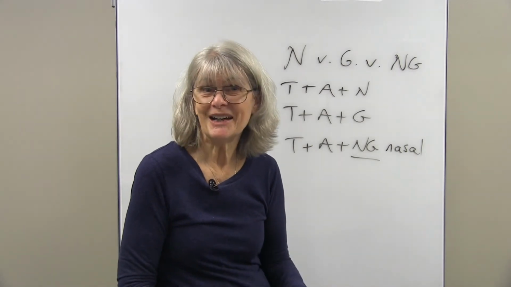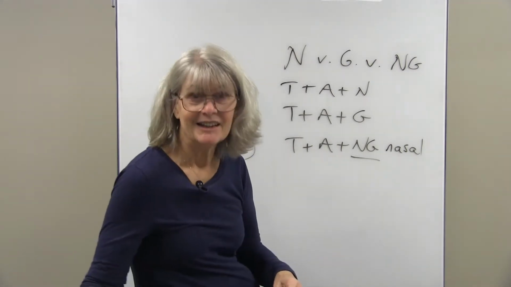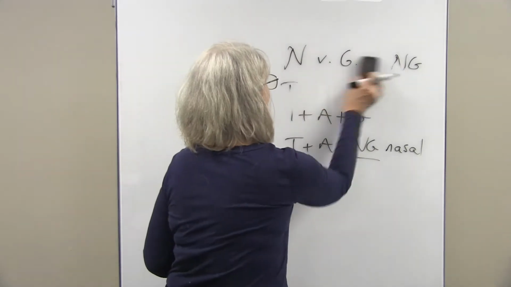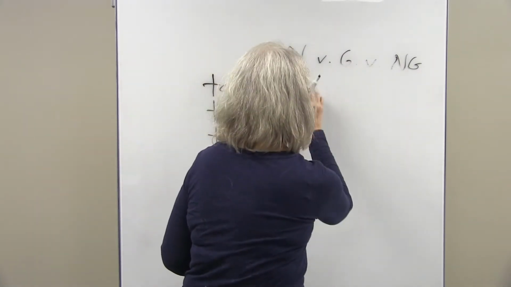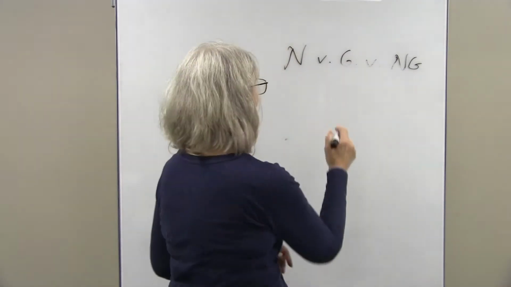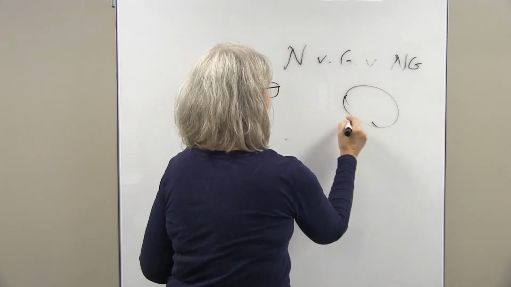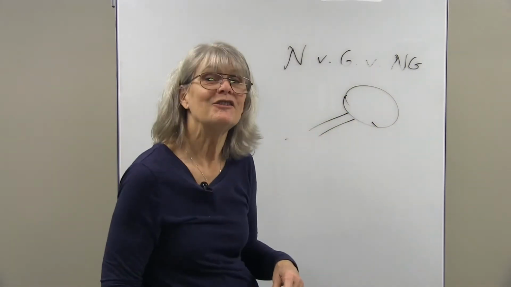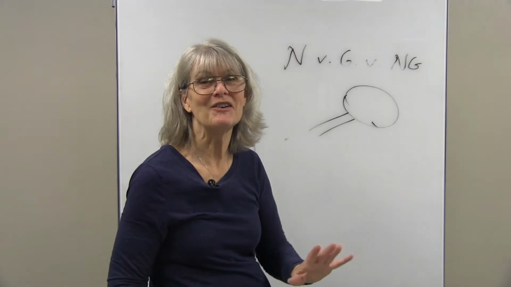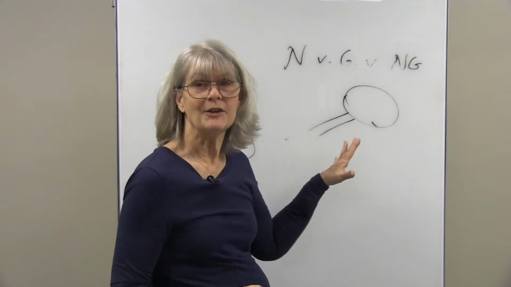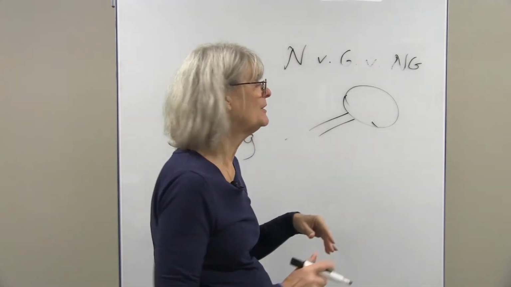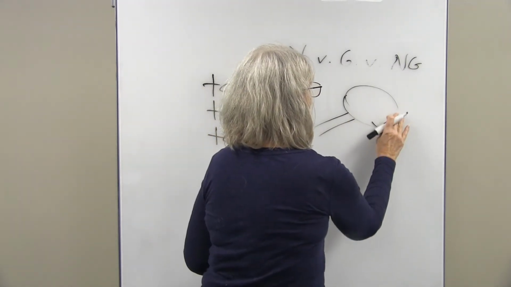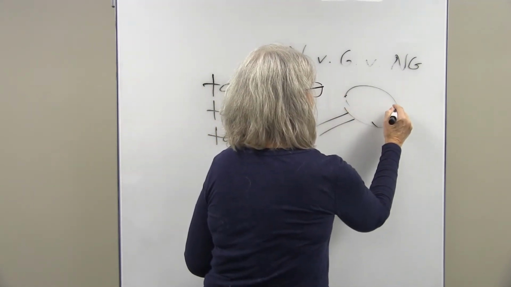Now, let me show you how to do that. I'll erase this. As you know, if you've been following me, you know I don't draw very well. Okay, when you have an N, for example, here's your teeth.